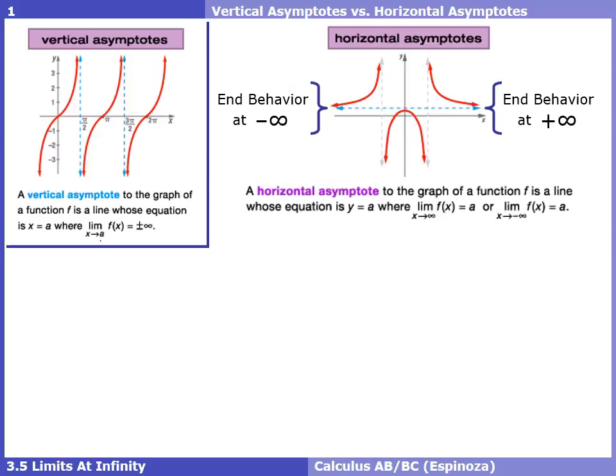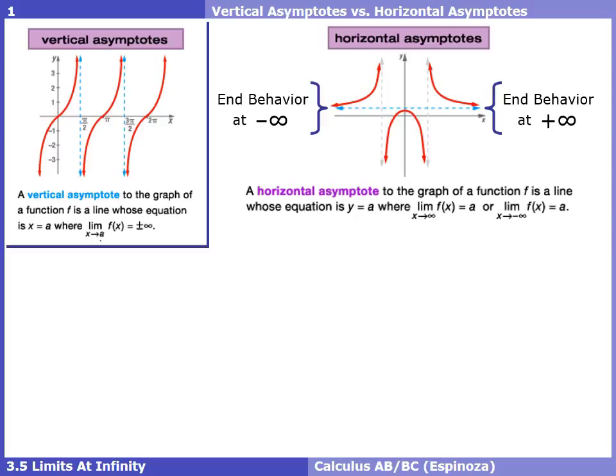Ultimately, though, this is how we're going to define horizontal asymptotes, and you can see it's a little bit different from our vertical asymptote definition. If we take the limit of a function as x goes to infinity, and we get a number for an answer, we know that answer is a horizontal asymptote.